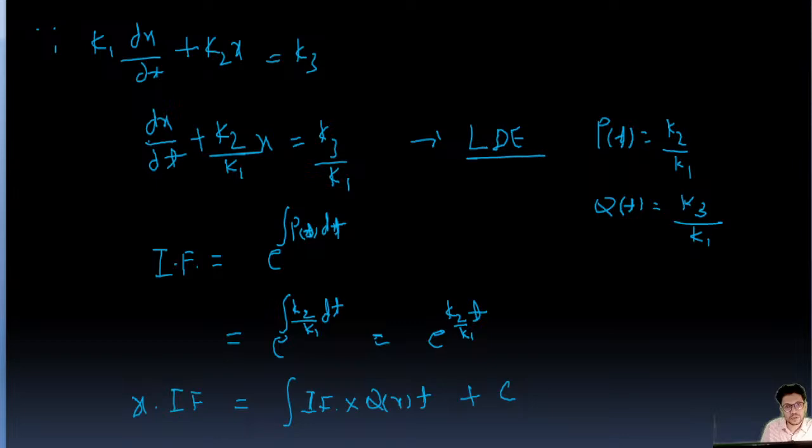So now we'll put the values. x into the integrating factor, that is e to the power k2 upon k1 t, equal to integration of e to the power k2 upon k1 t into k3 upon k1 dt plus c.